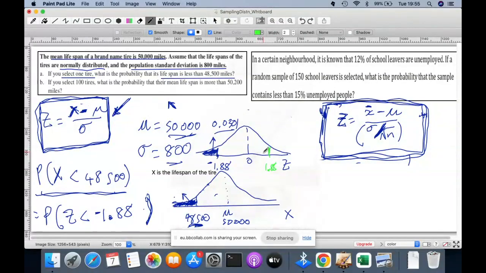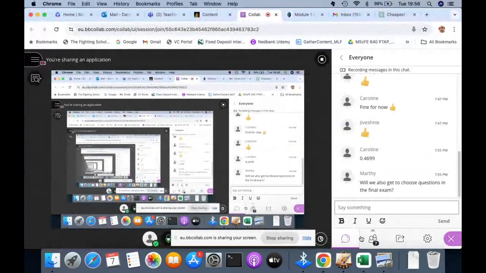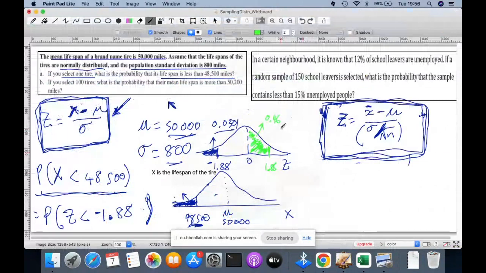The area you found is the area from 0 to 1.88, which you put in the chat, 0.4699. So you found this area.